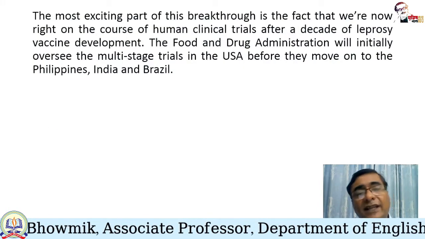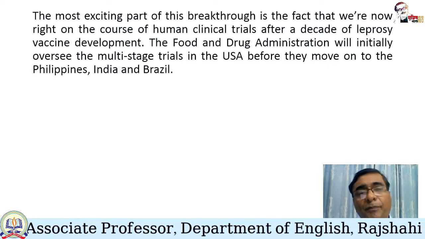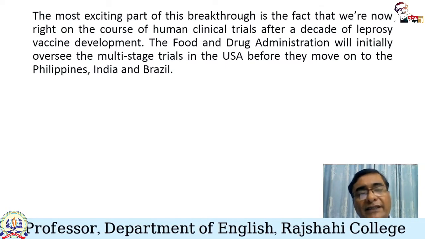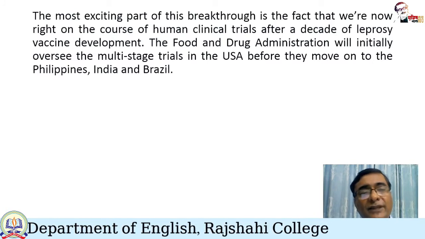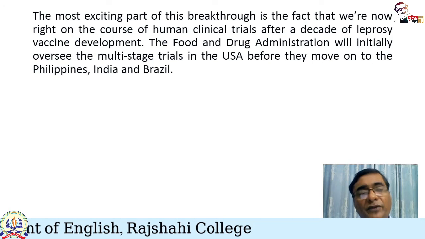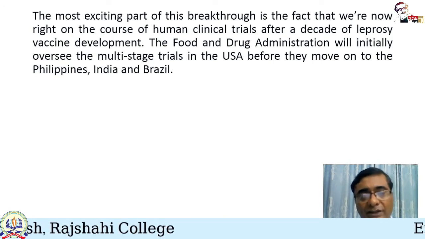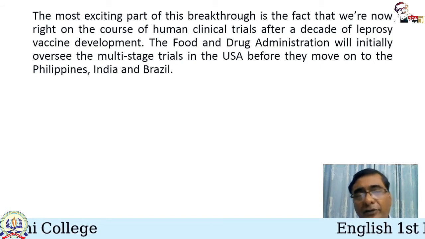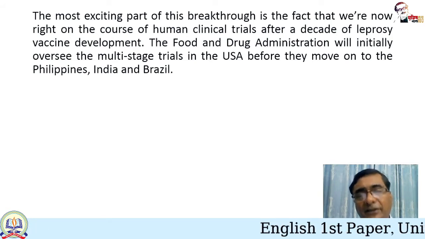The most exciting part of this breakthrough is the fact that we are now right on the course of human clinical trials after a decade of leprosy vaccine development. The Food and Drug Administration will initially oversee the multi-stage trials in the USA before they move on to the Philippines, India, and Brazil. Now, you know that even now we see that a vaccine takes time to come to the market because clinical trials are very important.